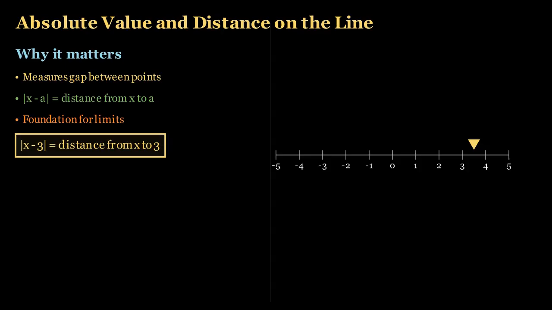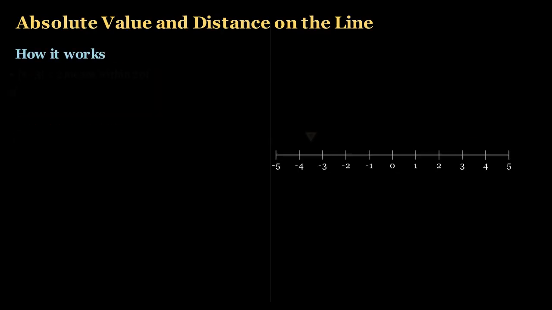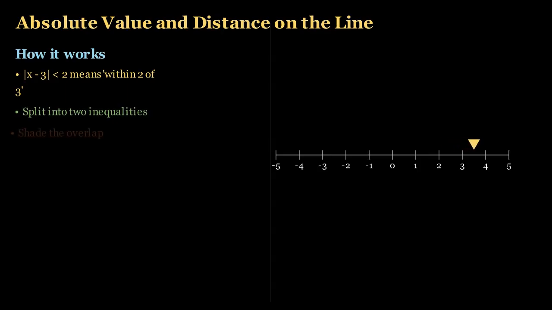Let's see how this distance idea solves an inequality. Suppose we want all numbers x whose distance from 3 is less than 2. We write |x minus 3| less than 2. This means x is at most 2 steps away from 3 on either side. To find those numbers, we think, if the distance is less than 2, then x minus 3 must be between -2 and 2.